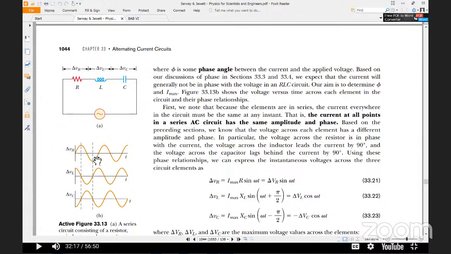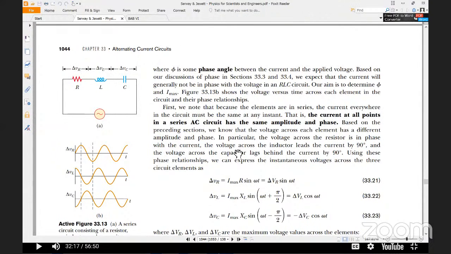Okay, VR, the angle, the phase is the same as the phase of the generator. The phase of the resistor is the same as the phase of the generator.